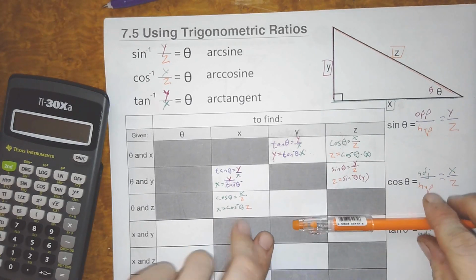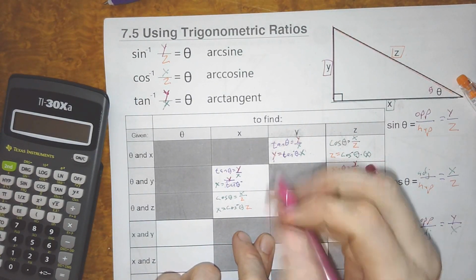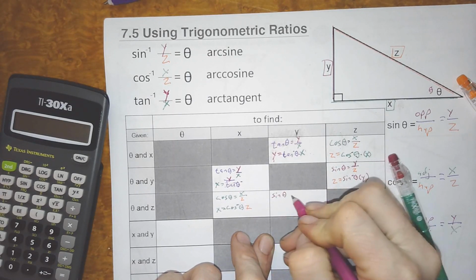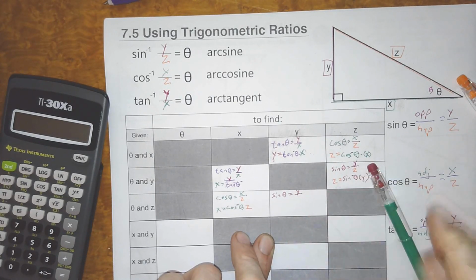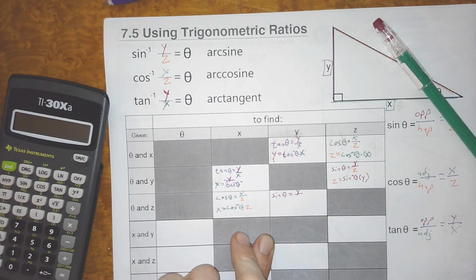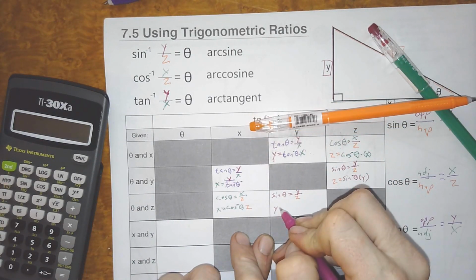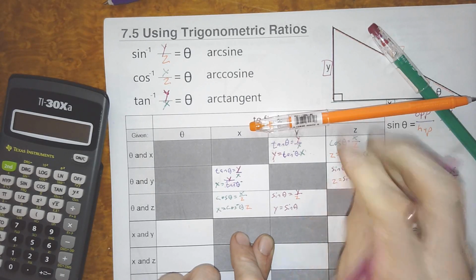And y is very similar for sine. Sine theta equals y over z, so y equals sine theta times z.